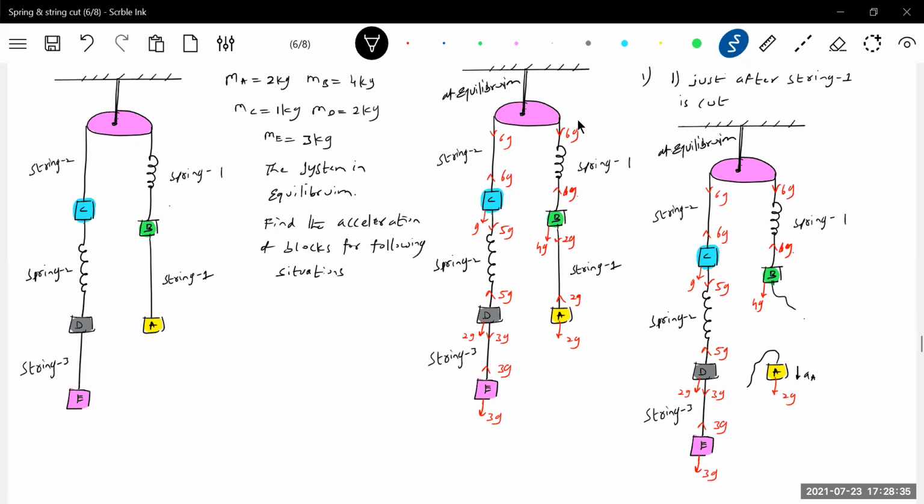Very carefully, so many things are there. First we'll start with spring 1. When you cut this, anything will happen here.